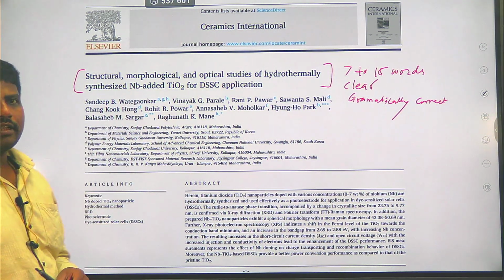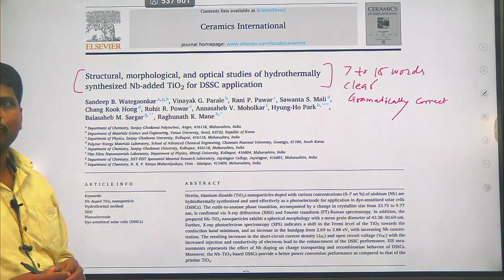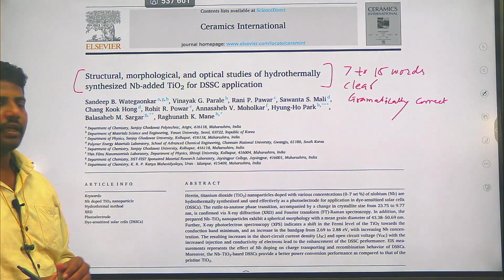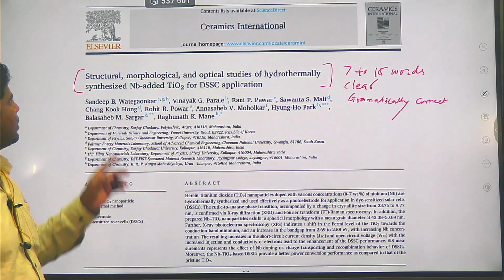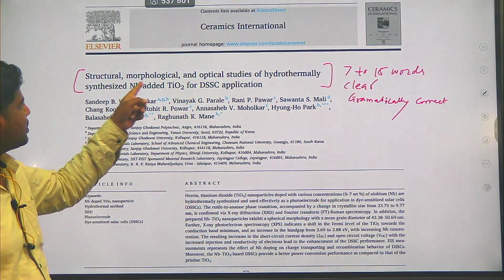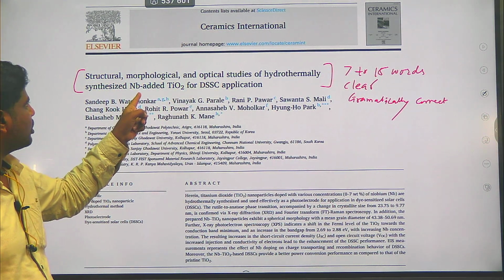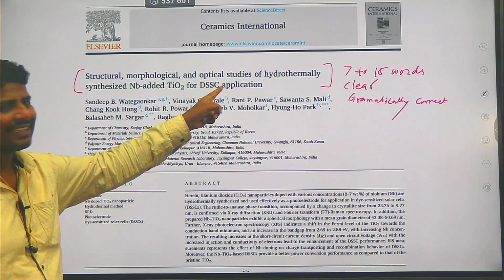Let us see, inside the title there are also some points we have to take care about while writing the research title. Here I have written structural, morphological and optical studies of hydrothermally synthesized Nb added TiO2 for DSSC application.